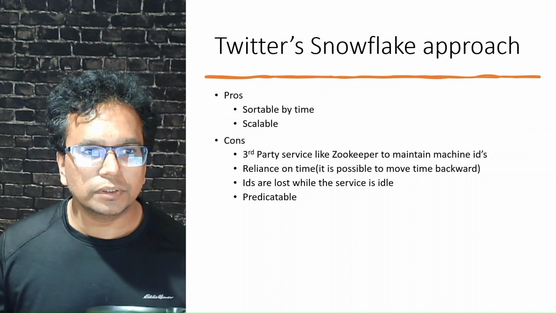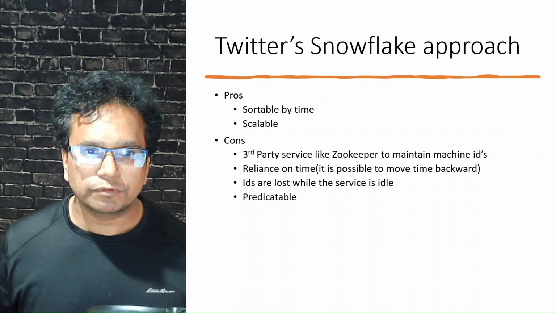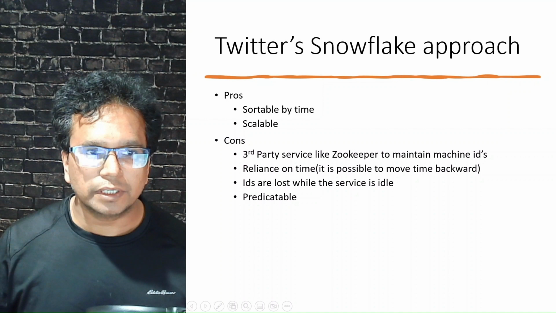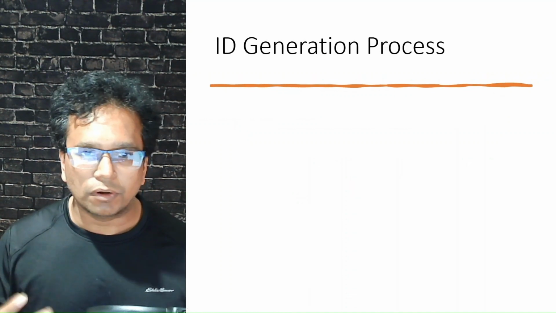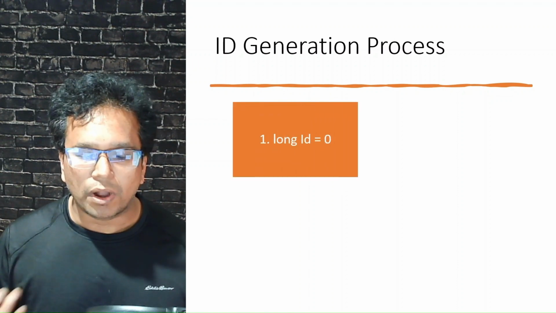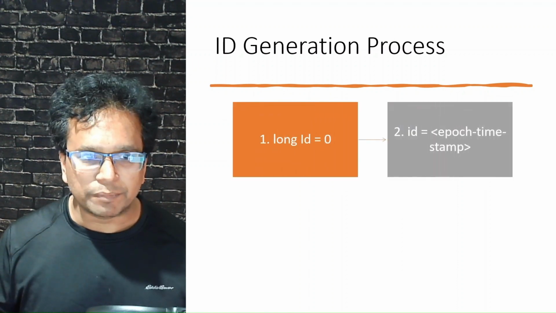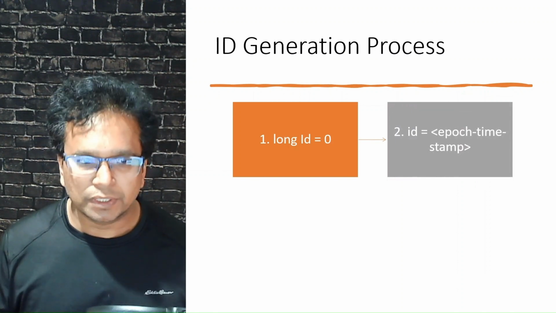Now let's talk about how to generate the IDs in Twitter Snowflake. First we can start with a long ID. We declare the variable long ID, which is equal to 0. Then we generate an epoch timestamp and assign it to the ID, which is the timestamp right now.